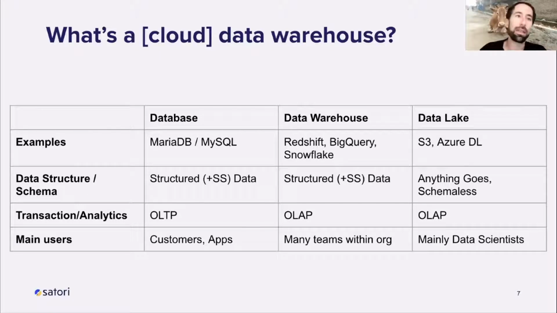Some of it is in other formats, and then mostly data scientists, or forgive me for whatever job title it is, people are taking a look at this data and trying to make value out of it. I would say that a data warehouse is something in the middle. The good examples are Redshift, BigQuery, and Snowflake.